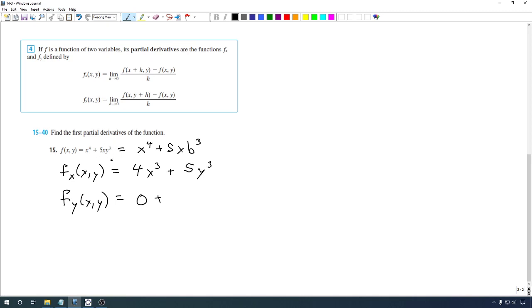We differentiate y cubed, which is 3y squared. 5x times 3 is going to be 15x, and we have that y squared. Or we can just go ahead and write this as 15xy squared. And those are our partial derivatives for any point on the surface, if we were to draw the surface corresponding to this function.